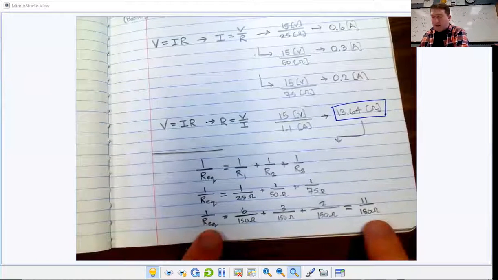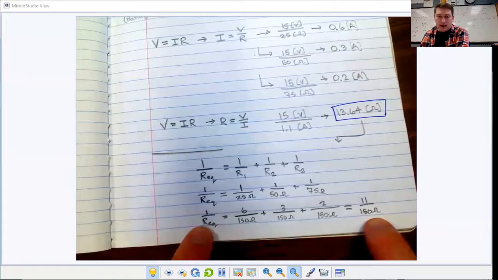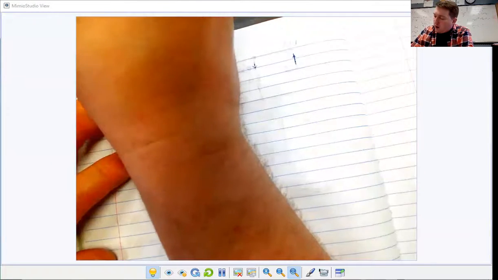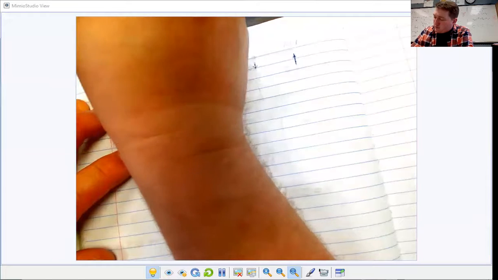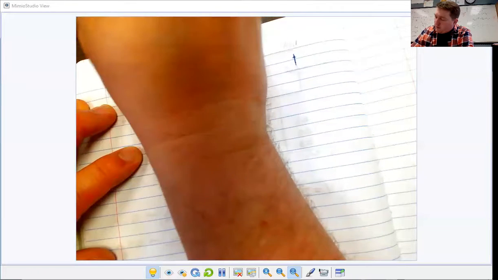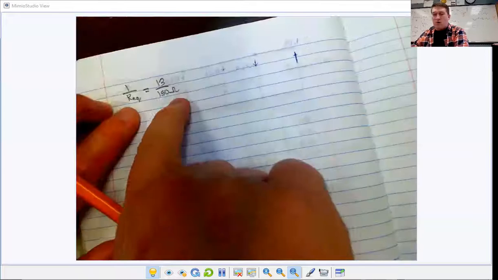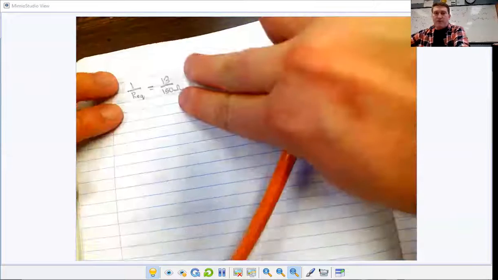However, that can't be the final answer because my final answer is in the denominator. So continuing, I have 1 over Req equals 11 over 150 ohms. I'm going to flip both sides.